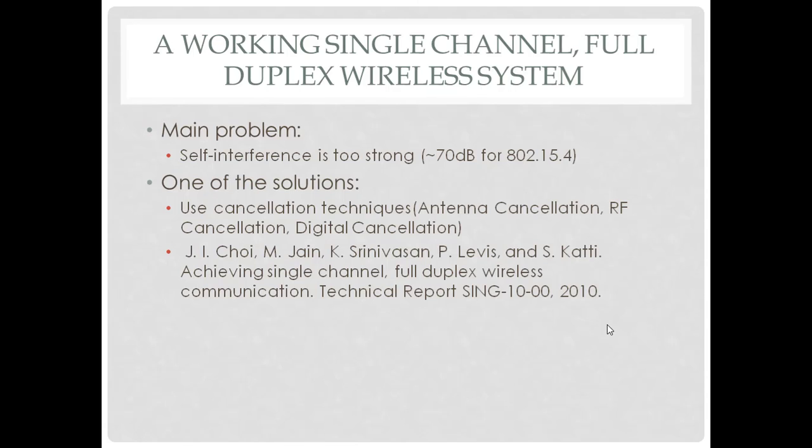The basic challenge in achieving single-channel full duplex wireless communication is reducing self-interference, and I will show you one of the solutions. It uses cancellation techniques like antenna cancellation, radio frequency cancellation, and digital cancellation.